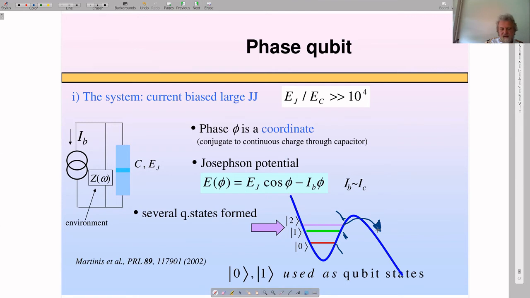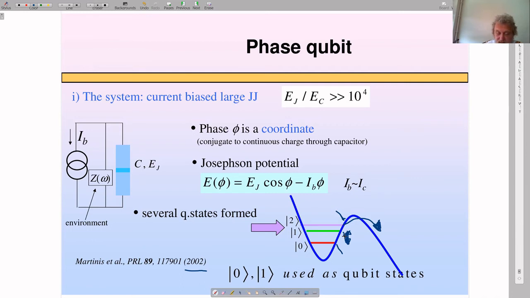Good. So in this setup, which was made quite some time ago, from these states, only 2 have been used as qubit states. Well, okay. It's an obvious choice if you have so few.